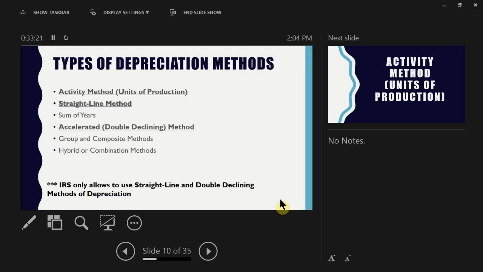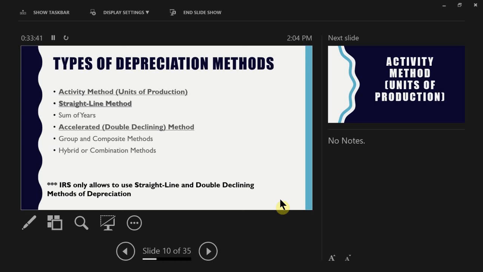So the activity-based method, which is also known as units of production, straight line, and in corporate we call it accelerated. In private, it's also known as double declining.